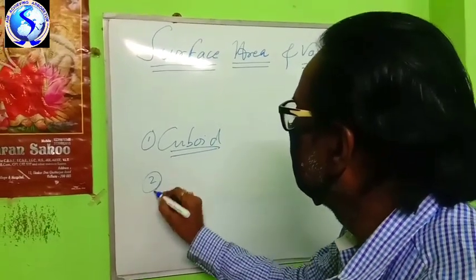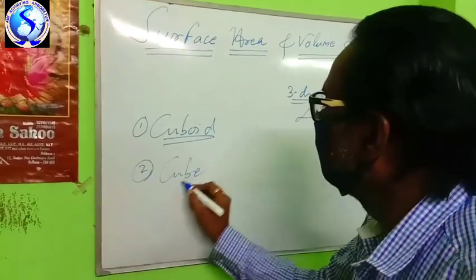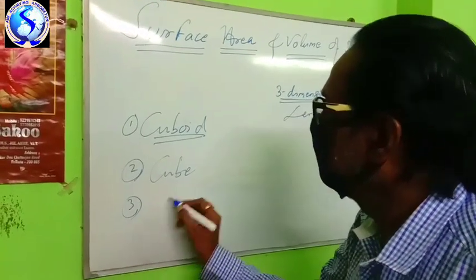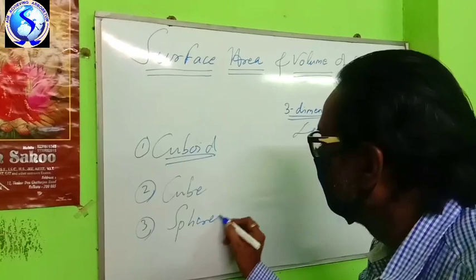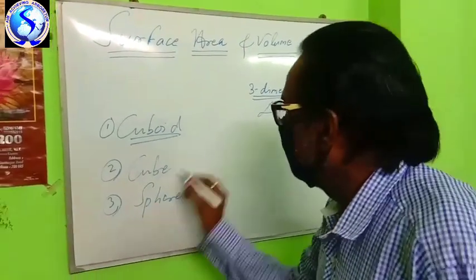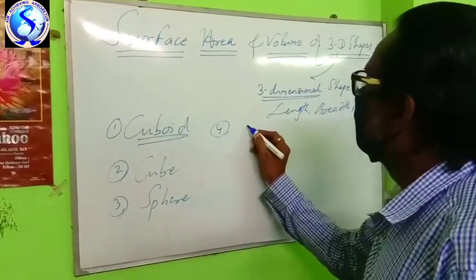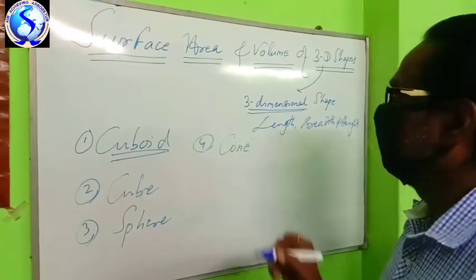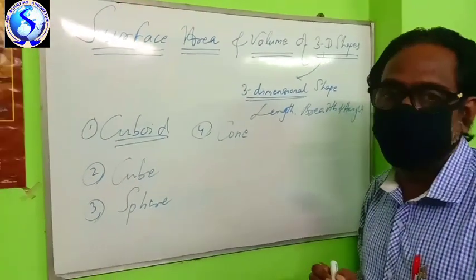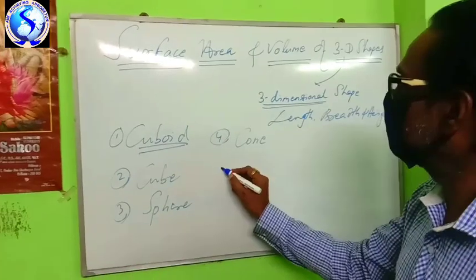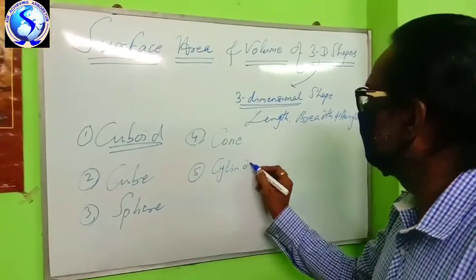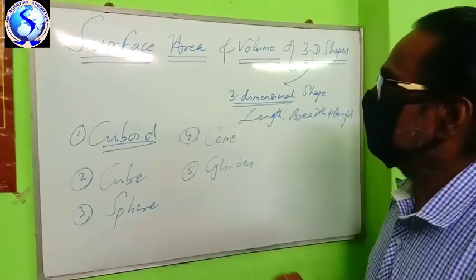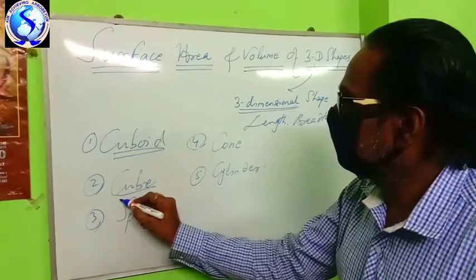Second one is cube. Number 3, sphere, like a football. Number 4, cone, like the cone ice cream we eat. Number 5, cylinder. These are things we have to memorize.